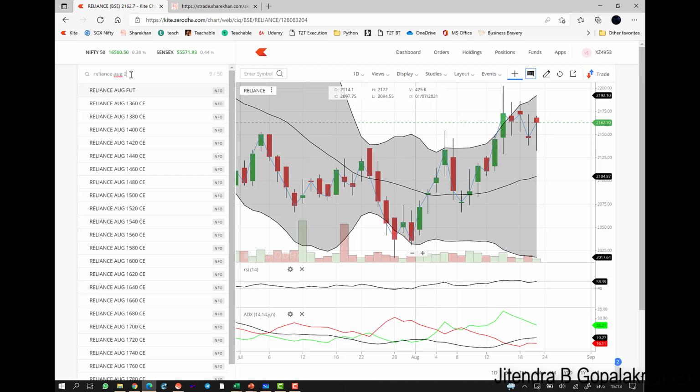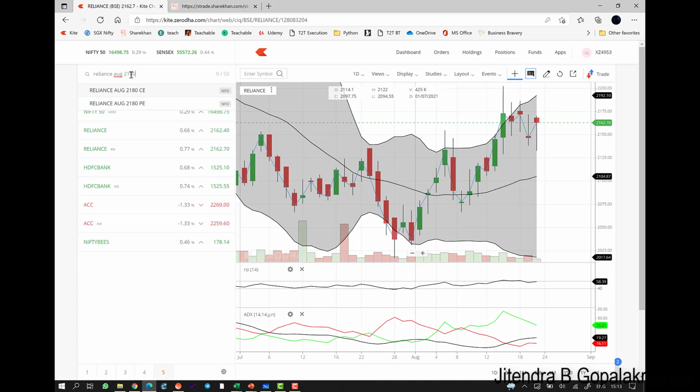So you will say 2,180 or something like that. So you get 2180, both CE and PE. So you want to buy, so you will take CE, you will add that to your market watch. See here, now it has come in. So CE has gone down today, currently it's at around 10 rupees premium.